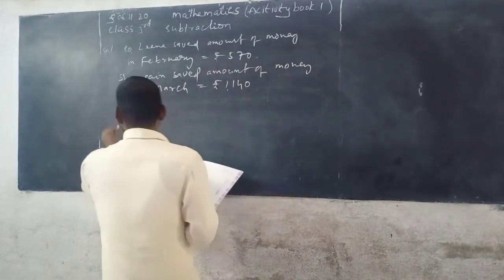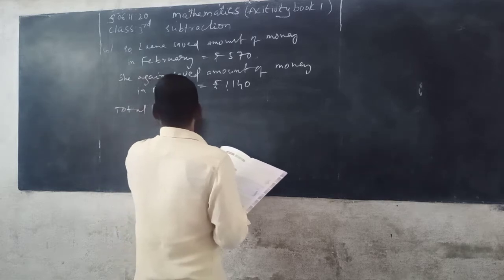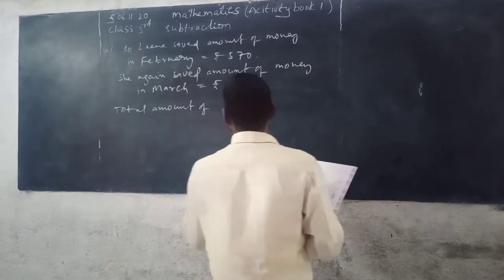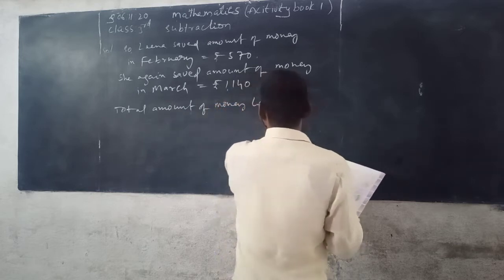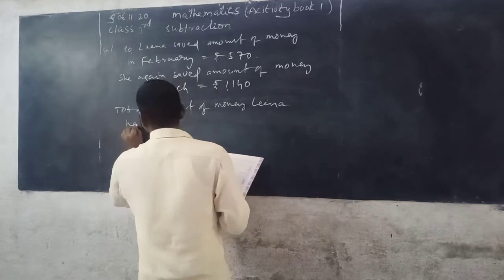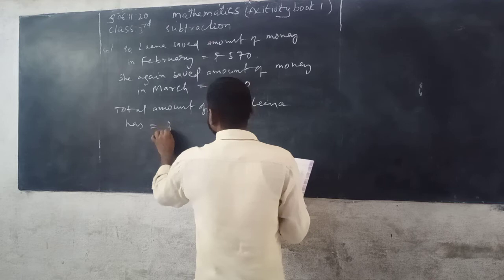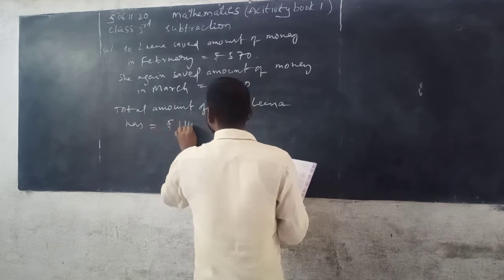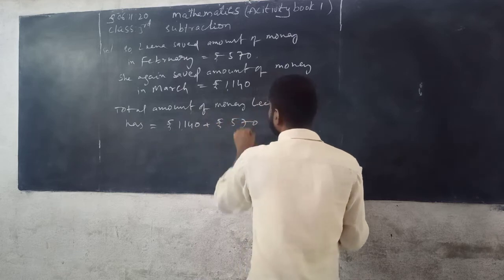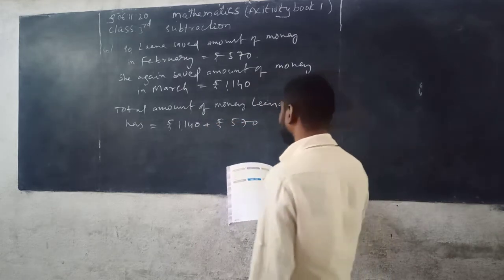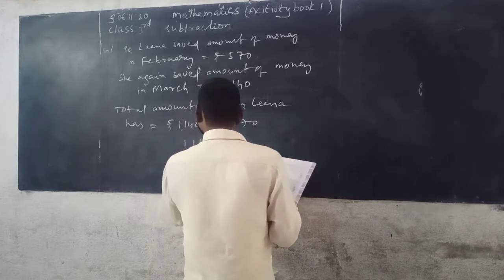See here, the total amount of money Leena has, that is 1140 rupees plus 570 rupees. You can get the answer. 1140 plus 570.